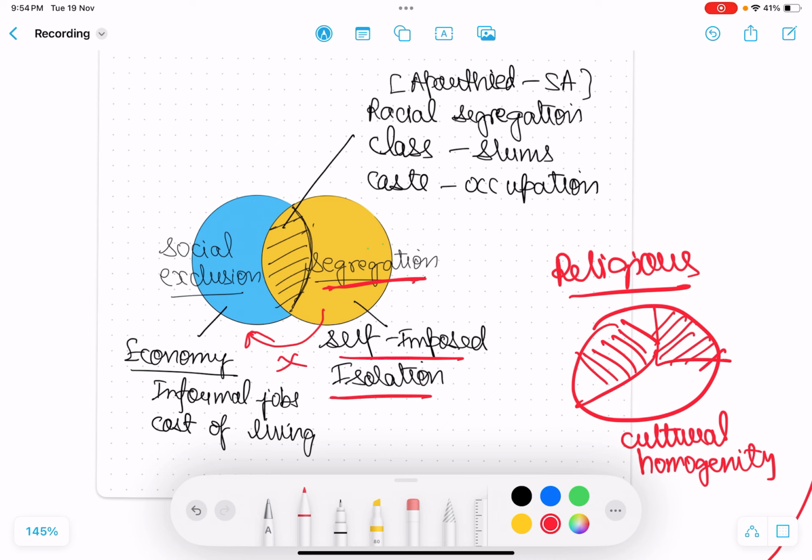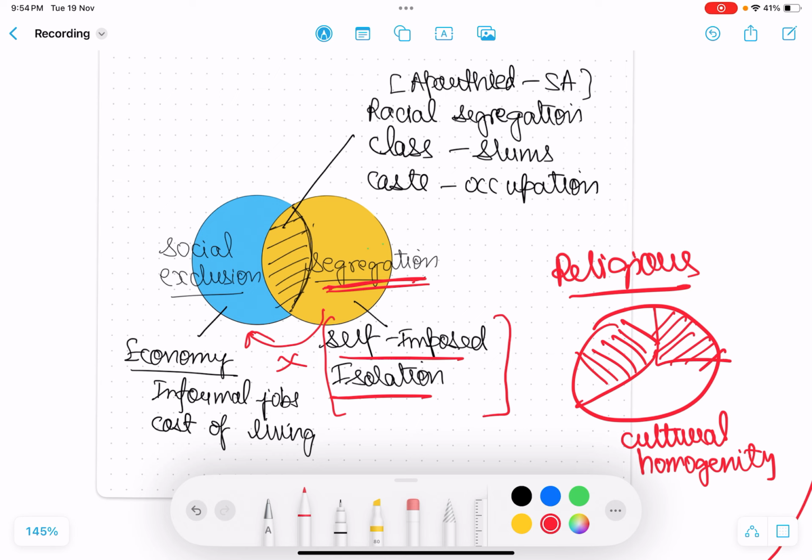And they may find that other kinds of preferences of whatever sort they may have. Let's just say sometimes there may be security concerns, and they may feel secure in strength of numbers. And so on account of such reasons, not discrimination, self-imposed isolation, there may be segregation as well, right? So this is segregation, which is not a result of social exclusion.